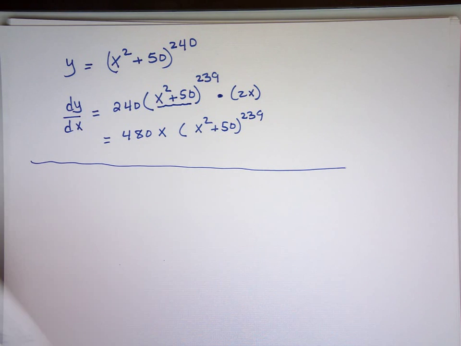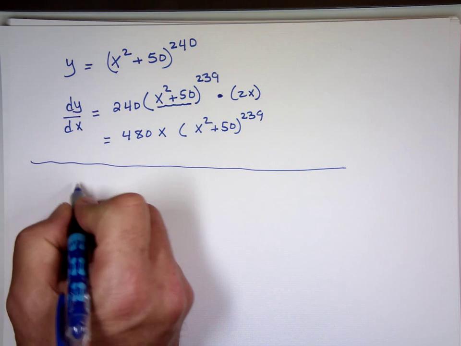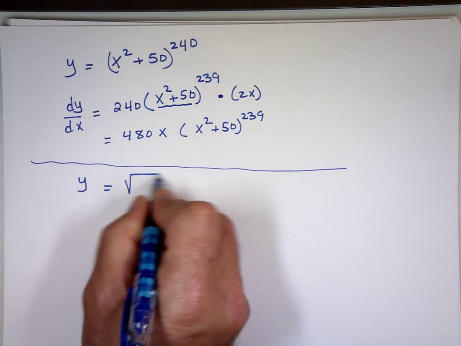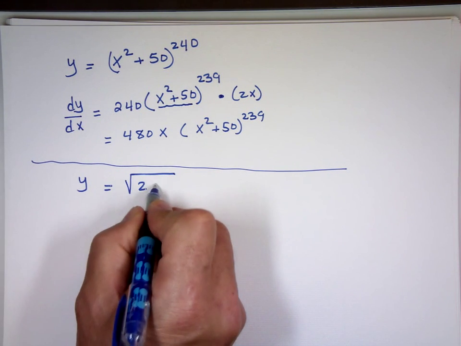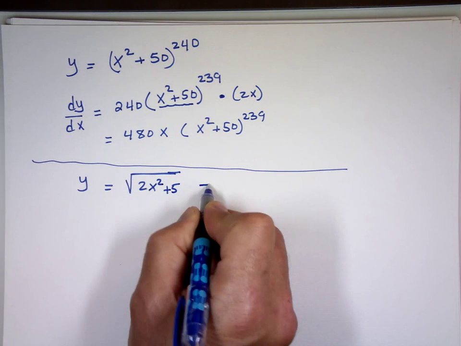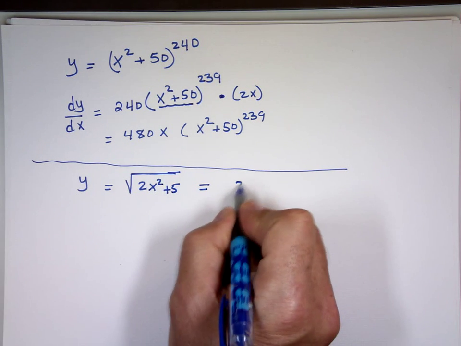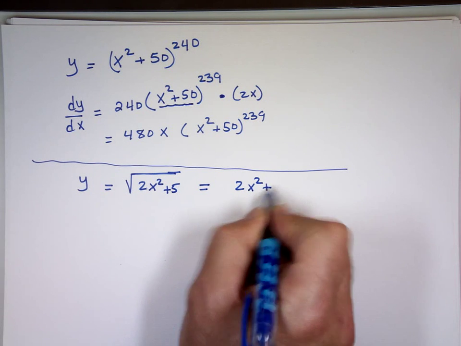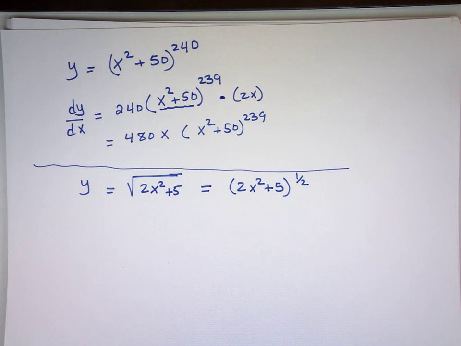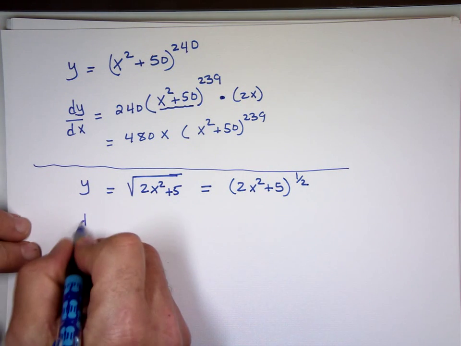See if we get the same answer. We said that's 2x squared plus 5 to what power? 1/2. So what's the derivative of that?